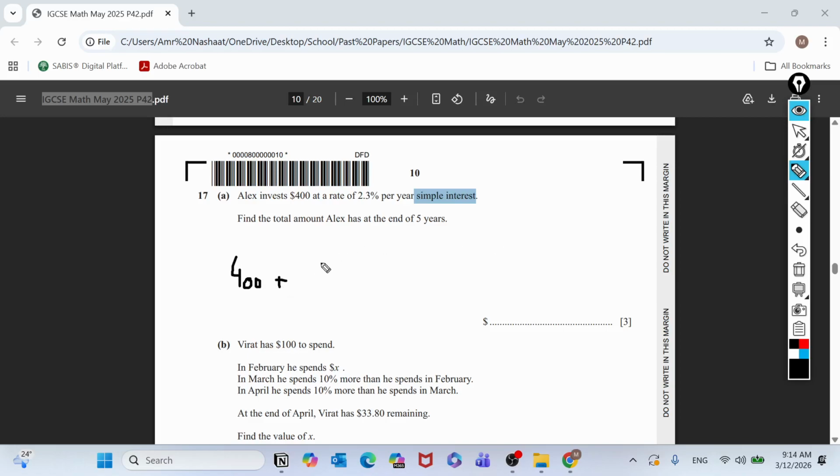He's gonna gain 400 times 2.3%, so 2.3 over 100, each year. And how many times is he gonna gain that? For 5 years. So times 5. And then the answer is what? 446.